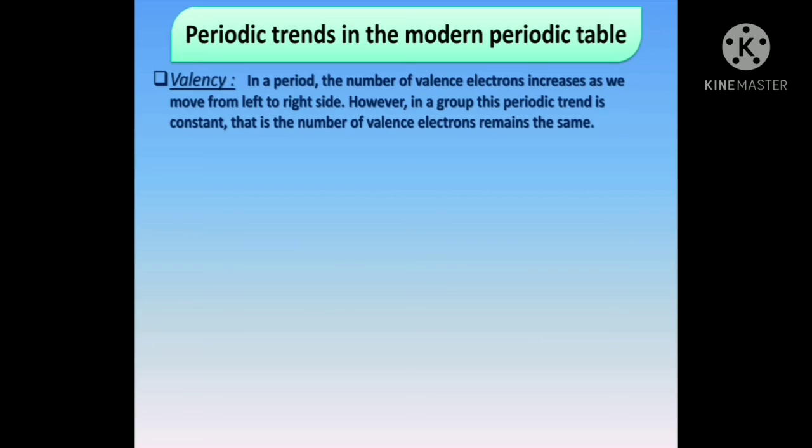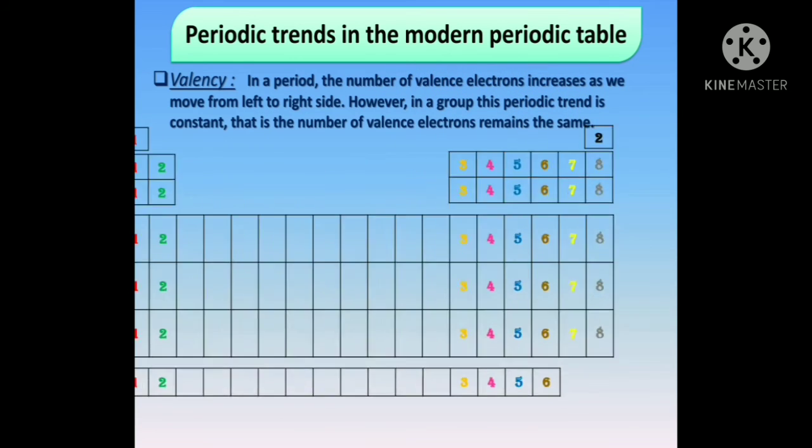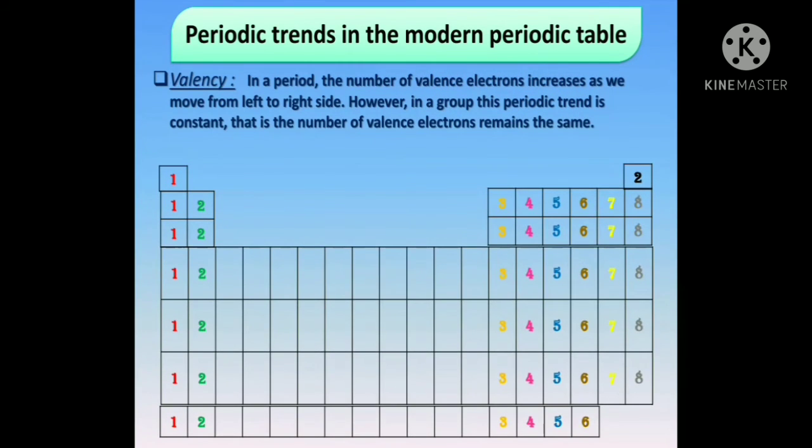Now, let us understand the periodic trend of valency in the modern periodic table. In a period, the number of valence electrons increases as we move from left to right. However, in a group, this periodic trend is constant, that is, the number of valence electrons remains the same.